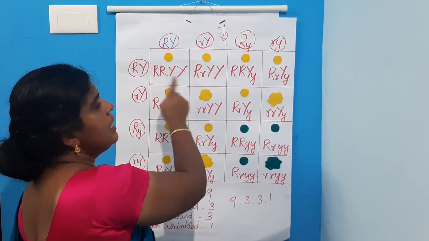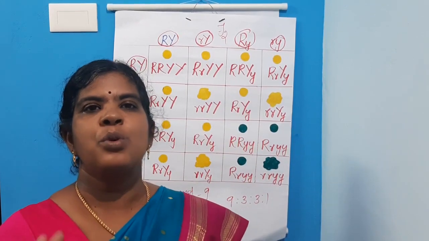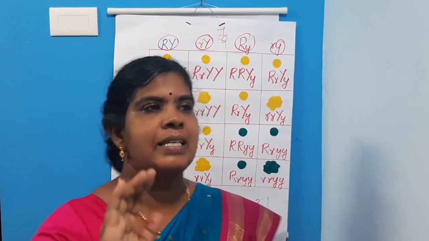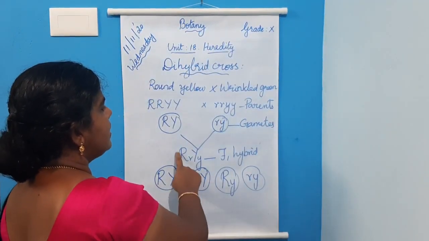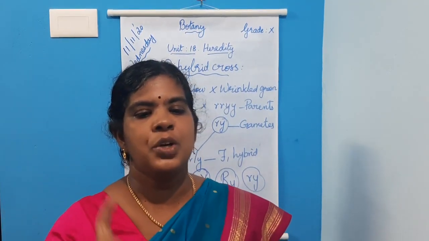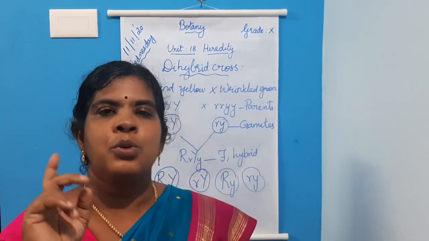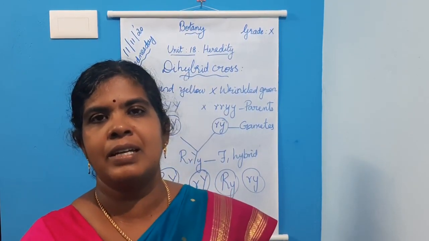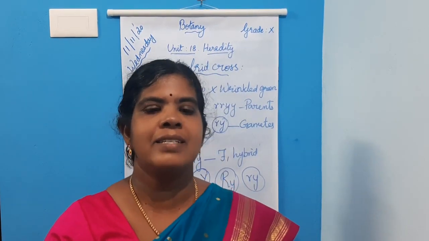When 2 homozygous individuals with 1 or more sets of contrasting characters are crossed, the characters that appear in F1 generation are dominant, and those that do not appear in F1 are recessive. You already know what a dominant character is. The character which is expressed is dominant. A character which is masked or hidden is recessive.